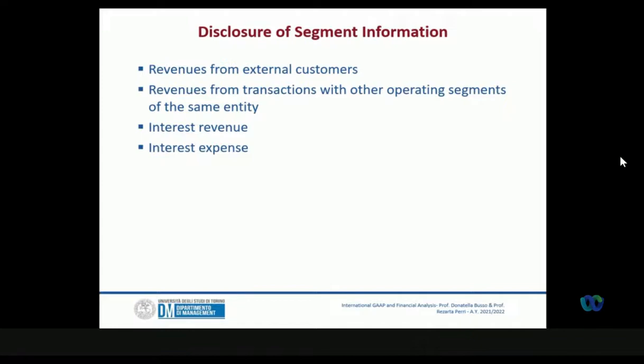In case the segment has actually provided a loan or is provided with a debt specifically for its own purposes, and we can connect the interest expenditure to the specific loan for the needs of this specific operating segment, it should be disclosed there. Depreciation and amortization, also this information relates to specific segments because they all have machineries and plants and equipment that we depreciate in a consistent manner, and we have to disclose this information about each of our segments.